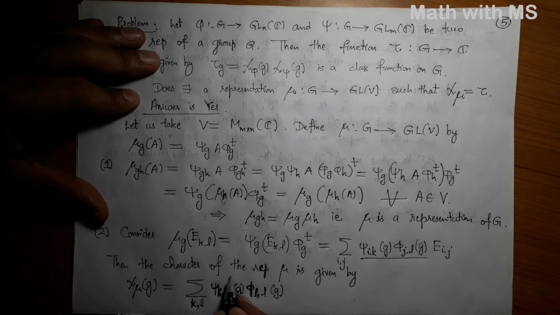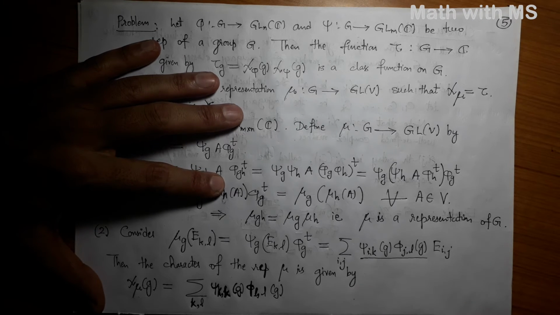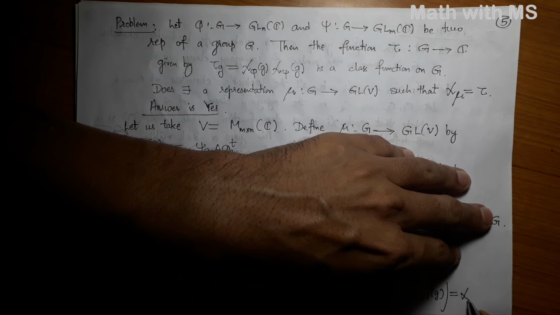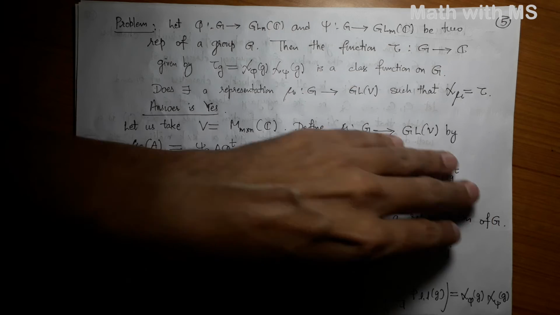Alright, but now observe this, the summation over psi kk of g is the trace of psi, and the summation over phi LL of g is the trace of the representation phi at g. So this is basically just the product of the summation of psi kk of g as you run over k, times the summation of phi LL of g as you run over L, and this turns out to be just chi phi of g times chi psi of g, right?